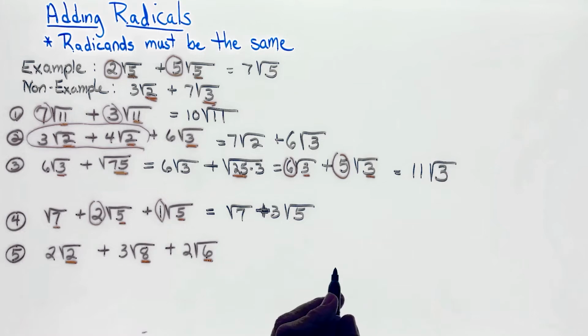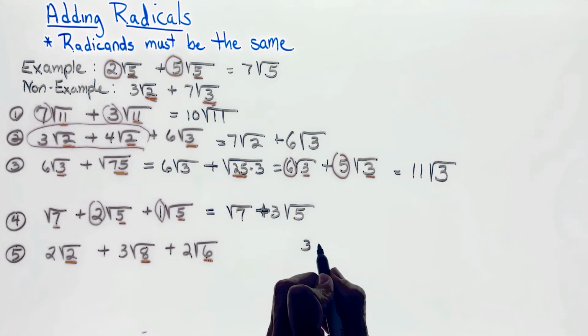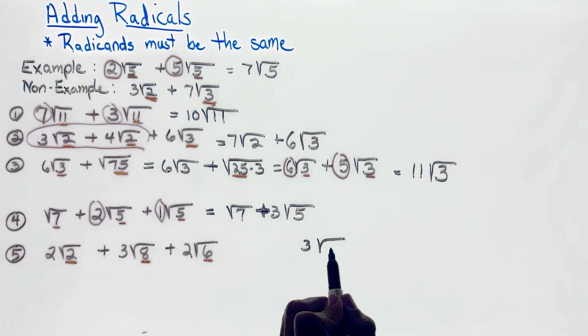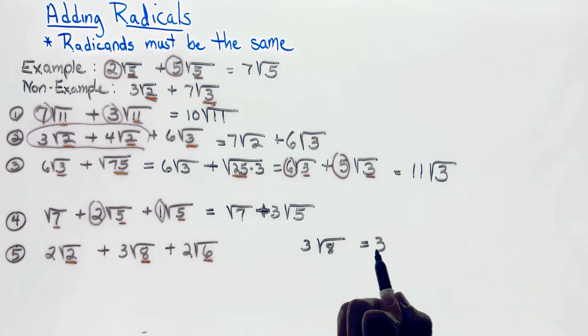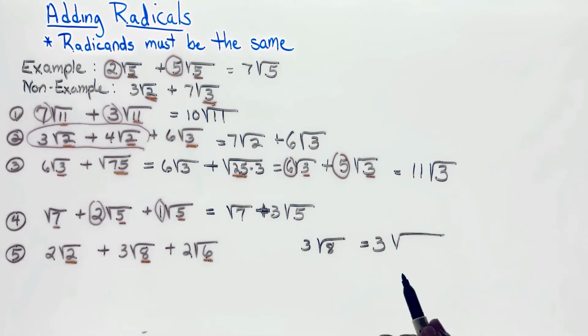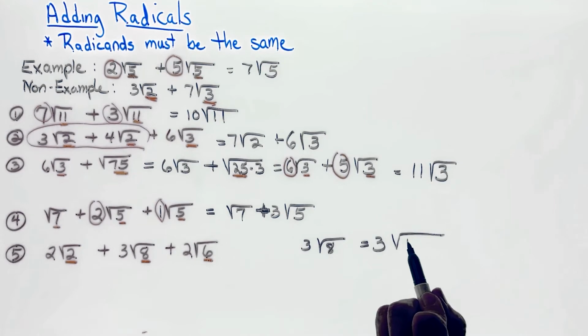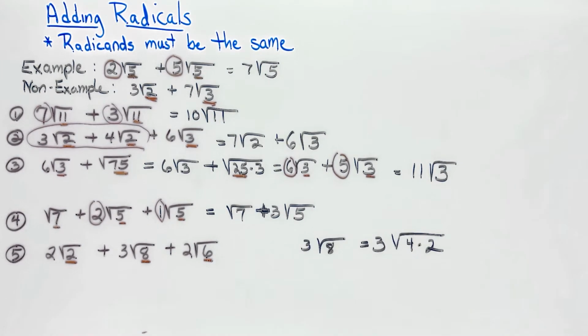So I'm going to do that over here on the side. 3 square roots of 8 is going to be equal to 3, and inside I'm going to break that up into 4 times 2 because 4 is a perfect square. And we know that the square root of 4 is 2. And the other 2 is still inside the square root symbol. So now I must multiply this, and this is 6 square roots of 2.